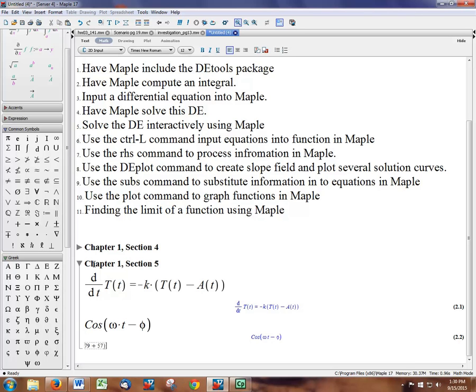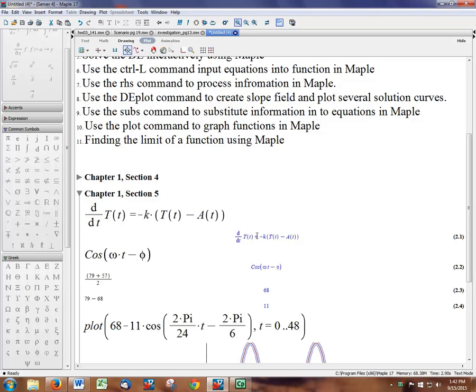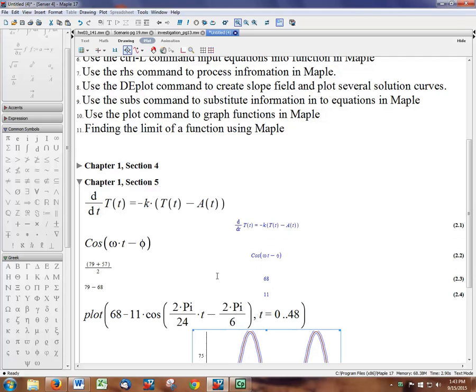If we find the average, we have a high of 79 plus the low of 57 divided by 2, which gives us 68, and that's 11 degrees. We subtract the average temperature in the day from the high. It gives you an 11 degree variation, and you want to plot out sines and cosines.